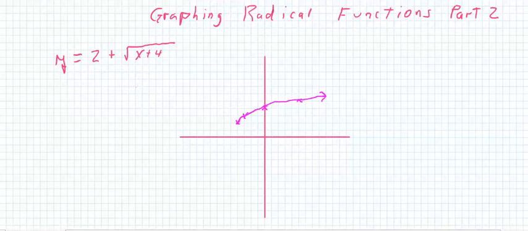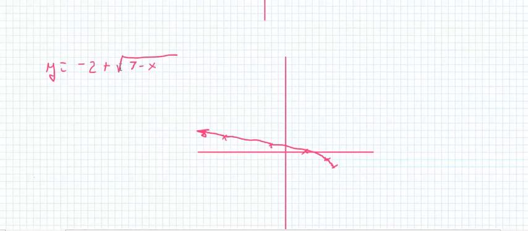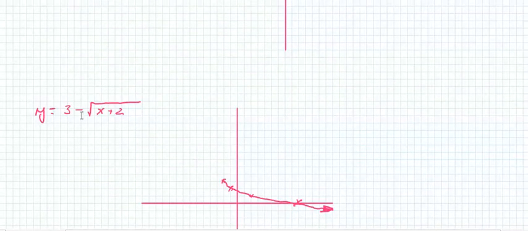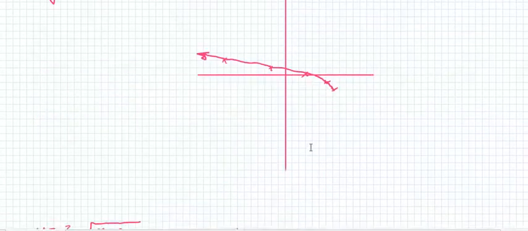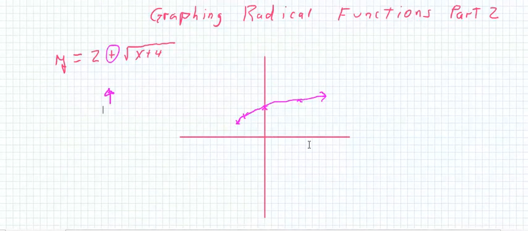One, if the radical is positive, the graph goes up. Notice this went up. This one went up. This is negative, and the graph went down. You should have noticed that as you were graphing today or yesterday.